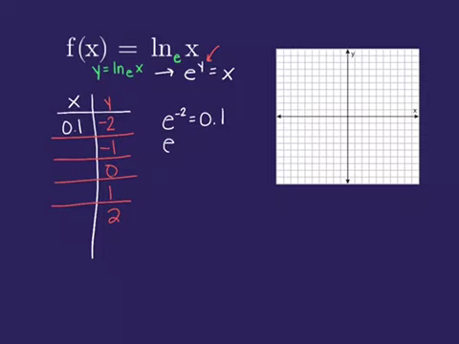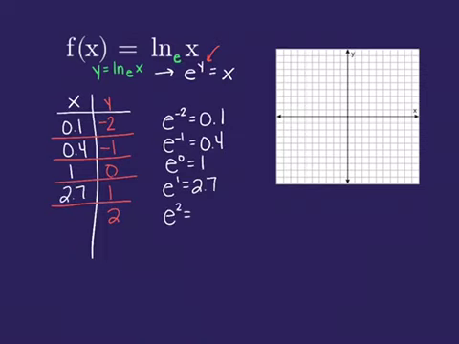And then we'll have e to the -1st, which is about 0.4. And then we'll have e to the 0, which is just 1. E to the 1st, which is about 2.7. And then e squared, which is about 7.4.